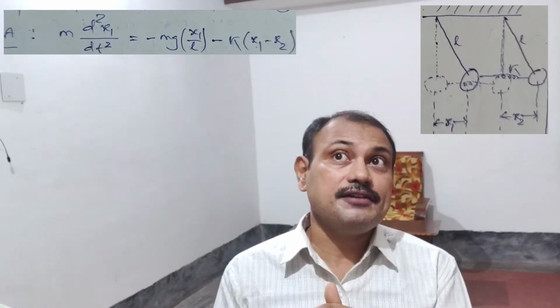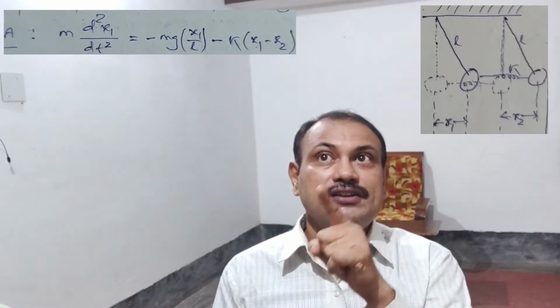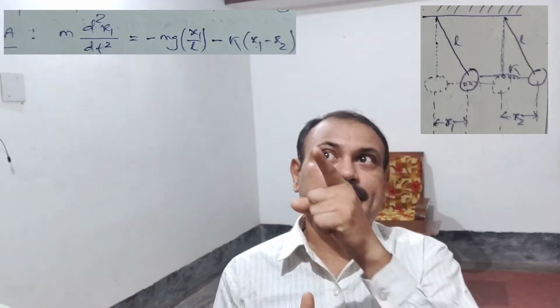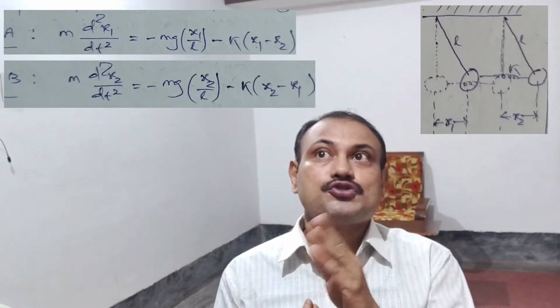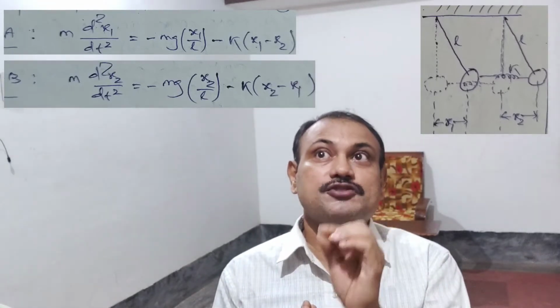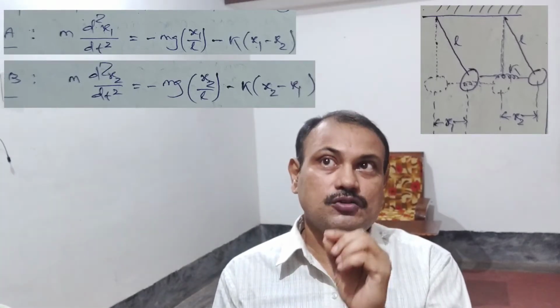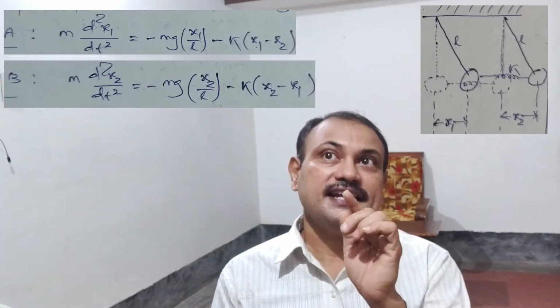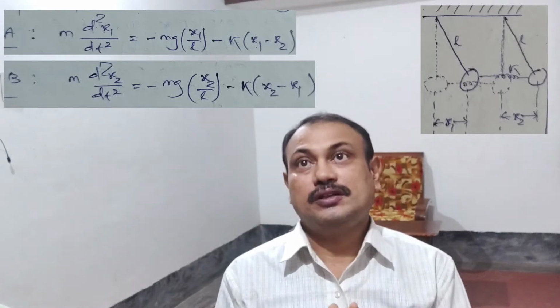And the second kind of restoring force is minus k within brackets (x1 minus x2). Similarly, for pendulum 2 we can write the equation of motion as m d square by dt square of small x2 equals minus mg x2 by L minus k times (x2 minus x1).